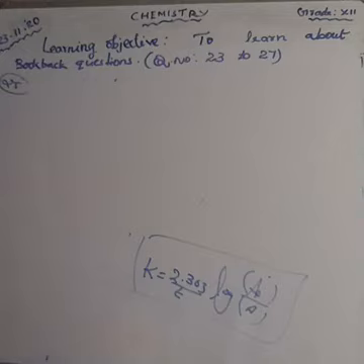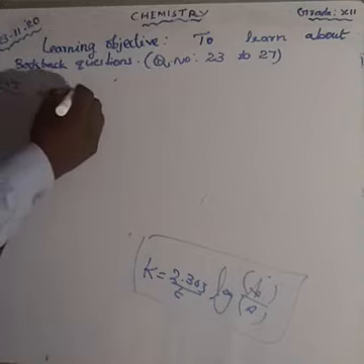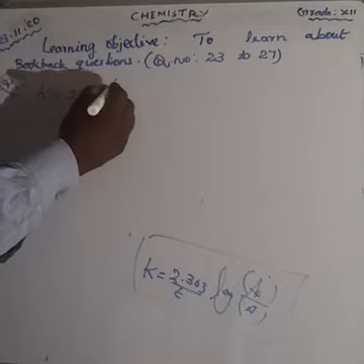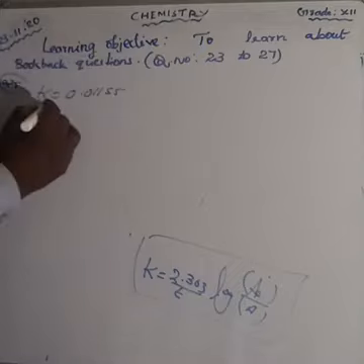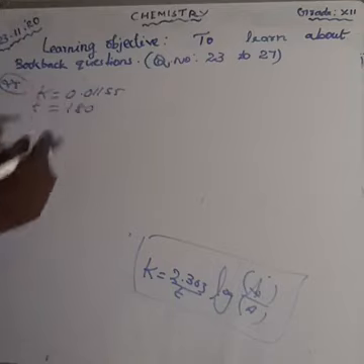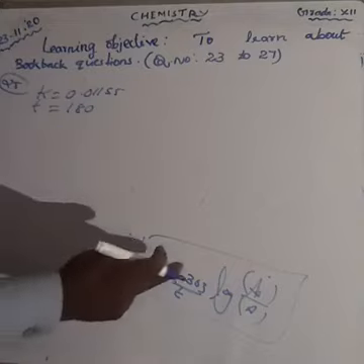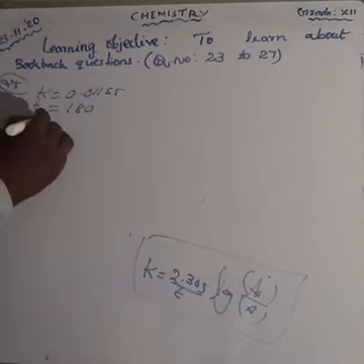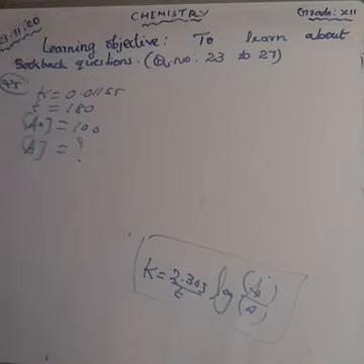We shall write the data. K is equal to 0.01155. T is equal to 180, also given. A naught is 100. We should calculate A, A is equal to question mark. So we have to calculate this one.